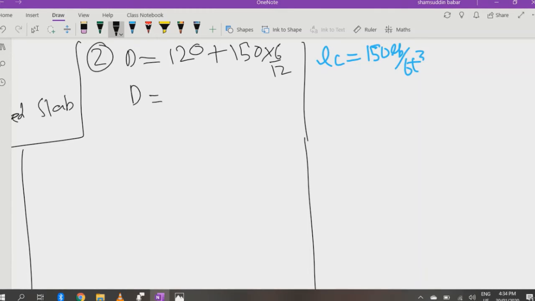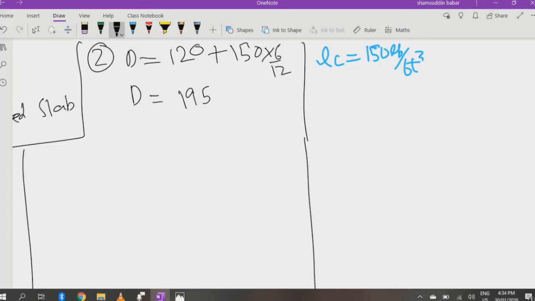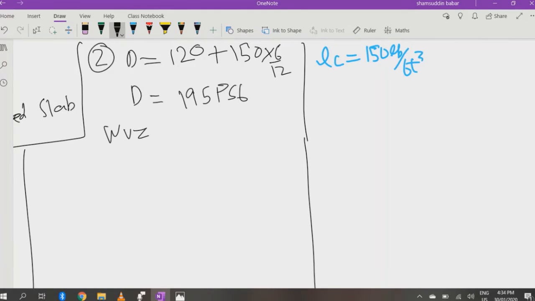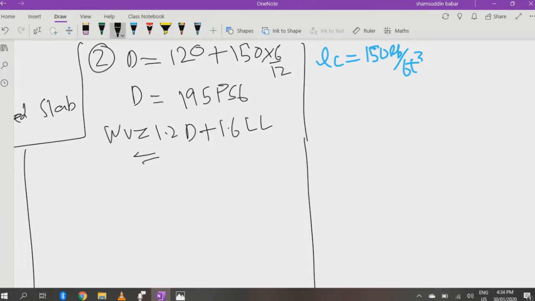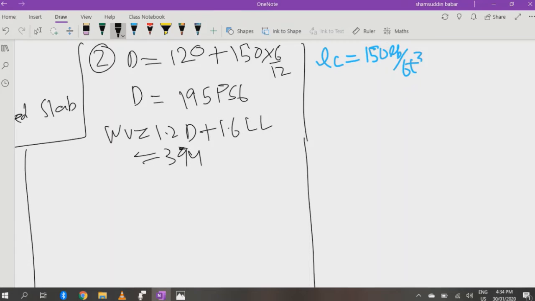Then 75 plus 120 is equal to 195 psf, and the factored load is equal to 1.2 times dead load plus 1.6 times live load, and I got that factored load is equal to 394 psf.